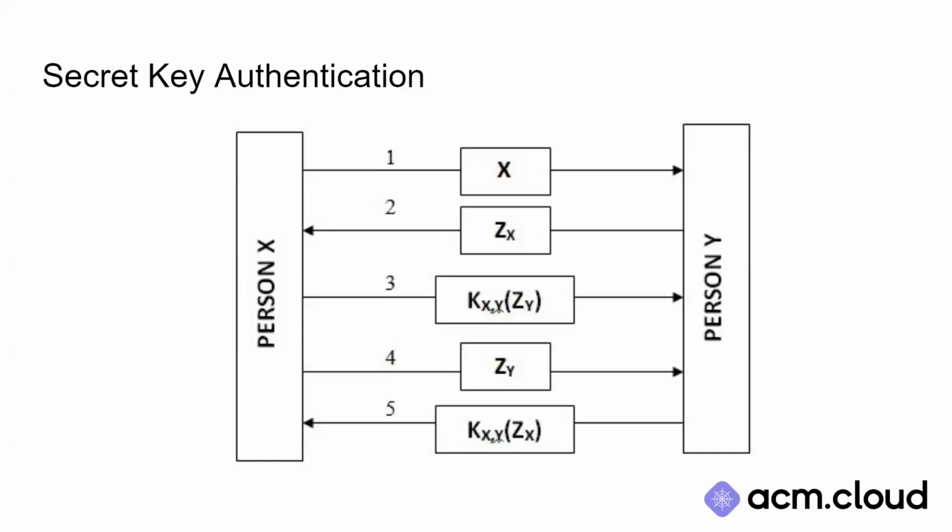If person X is who they claim to be, it'll have a private key linked to the public key, and it'll decrypt that and send the decrypted version to person Y. If it matches the initial number that person Y has, then person X will be verified. What are 4 and 5? Yeah, 4 is basically person X verifying person Y, so it's a two-way thing.